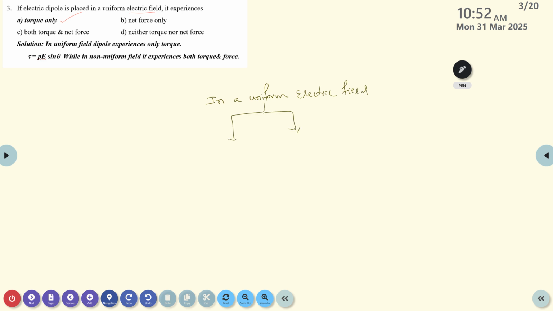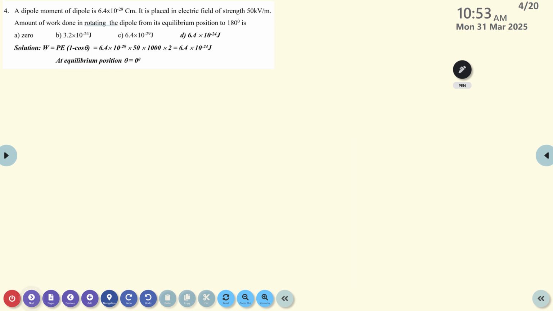One is translatory and another one is rotational. Here rotational is there, but no translation. Why? In the previous problem, I told you F net equal to 0. So that's okay.